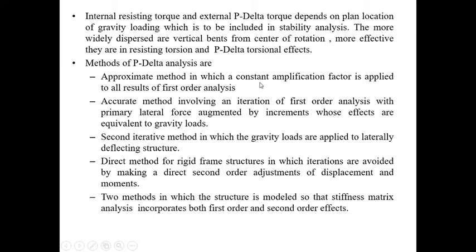Now the different methods for P delta analysis: the first is the approximate method, then the accurate method, then the iterative methods, the direct method, and methods wherein the structure is modeled. We shall see all these methods. First is the approximate method, wherein a constant amplification factor is applied to all the results of the first order analysis.